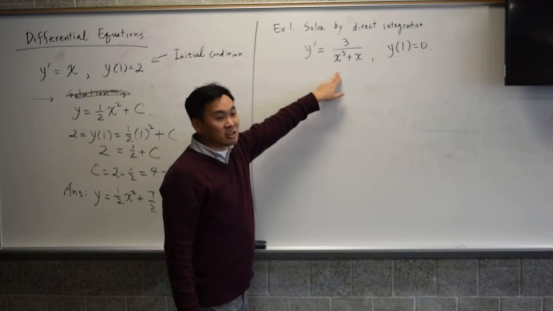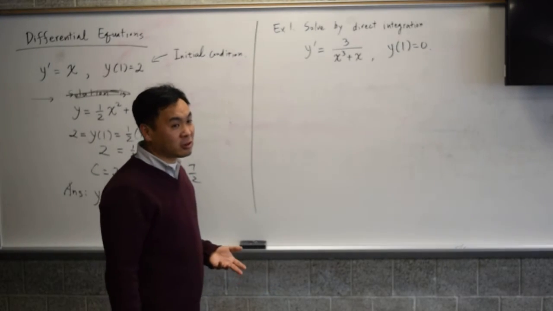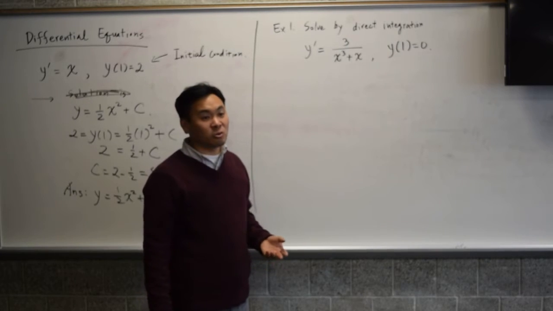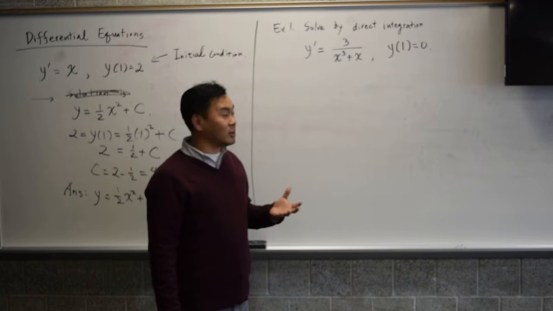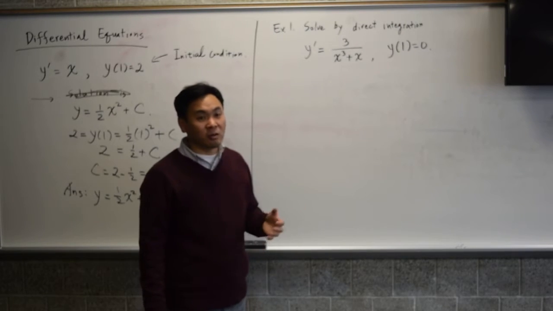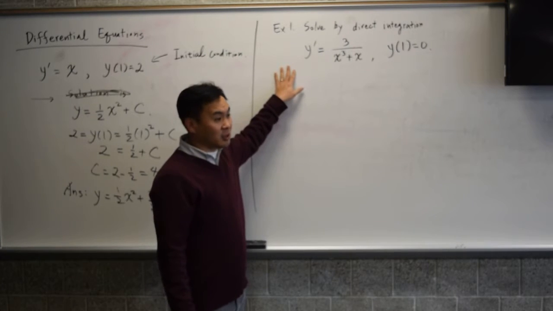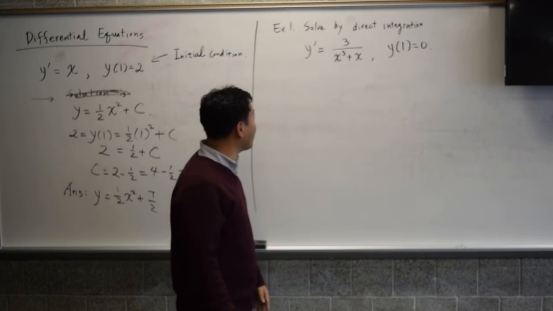And my suggestion is, if your integration skills are rusty, then go back to your calculus textbook and study it. Make sure you review everything so that everything is fresh to you again. Or else, when I solve these questions, it will be just completely inaccessible to you. All right, so let's try this.